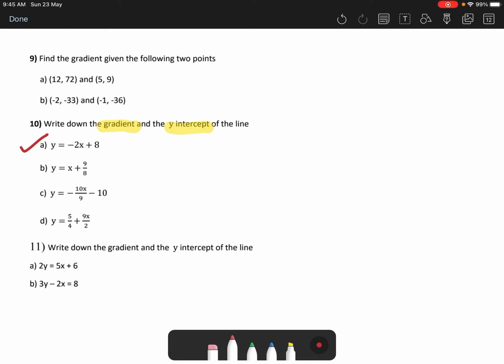If we compare this equation with our general form, y equal to mx plus c, we will notice that our m corresponds to negative 2. The gradient will always be with the x. So the gradient will be negative 2, and the y-intercept will be positive 8.